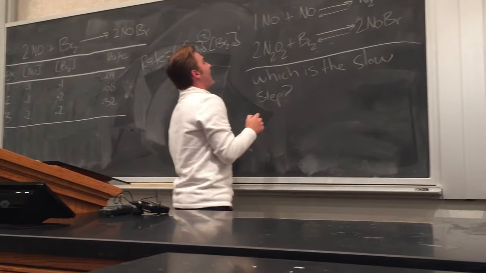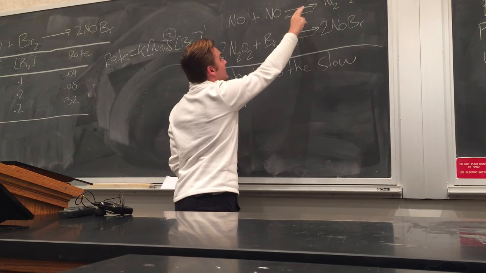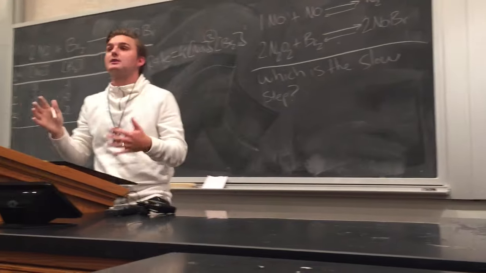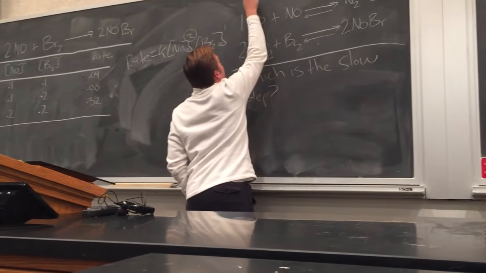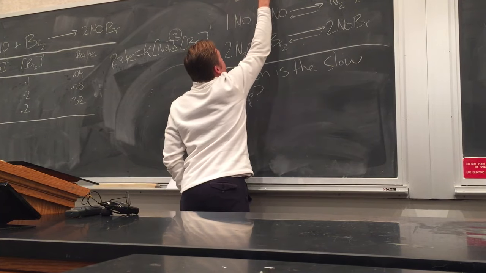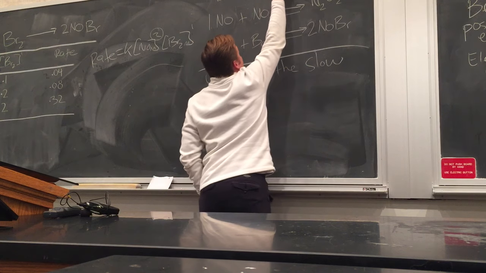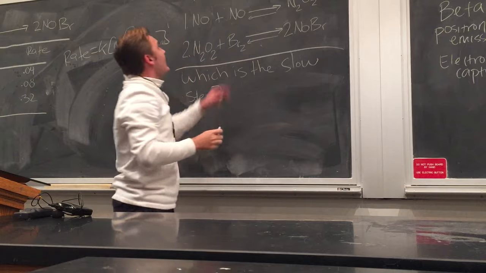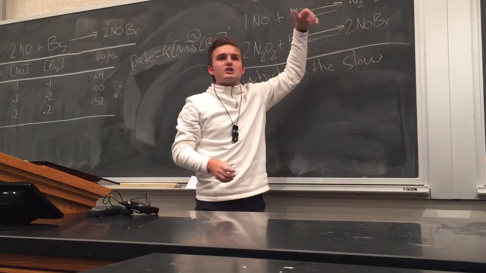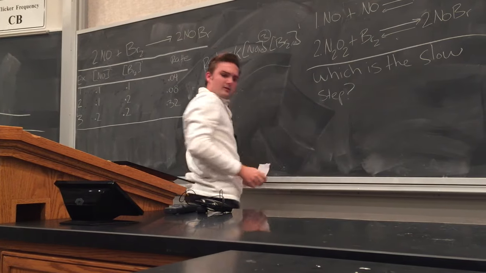In order to do that, I know that my rate in the forward direction is how I'm going to look at this equation to write the rate law. So the rate law for my forward step would be: rate is equal to k times the concentration of NO times another concentration of NO, and each one is raised to the first. So how could that simplify out? It's just NO times NO, so we could just say it's NO squared, right?